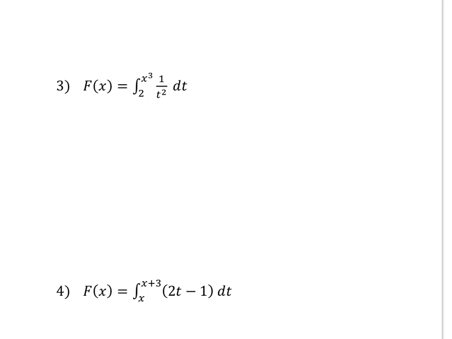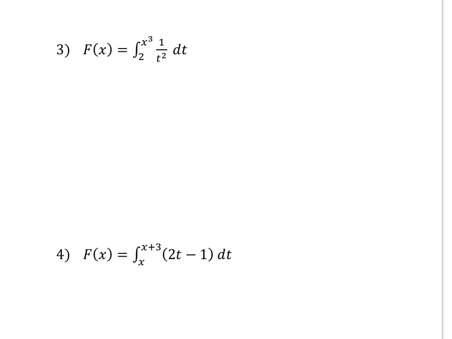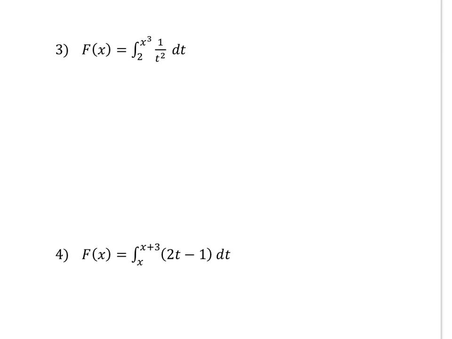So what if we come to the scenario where the upper limit of integration is not simply x, like what you see right here? So I still have a lower limit that's simply a number, like 2, but this time the upper limit of integration is x cubed. So this time we're actually going to need to do a little bit more than we had to last time.